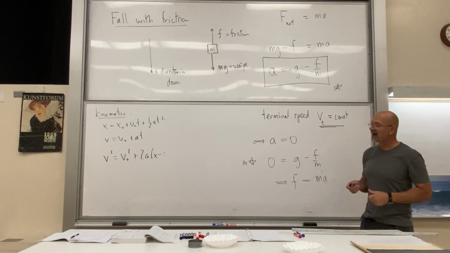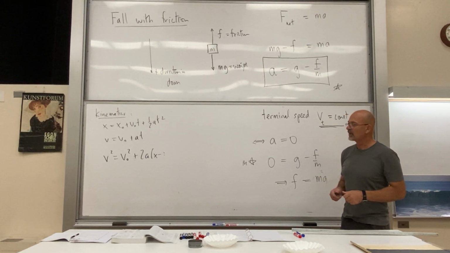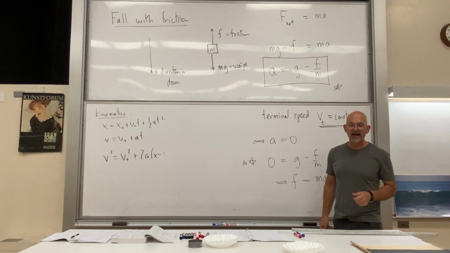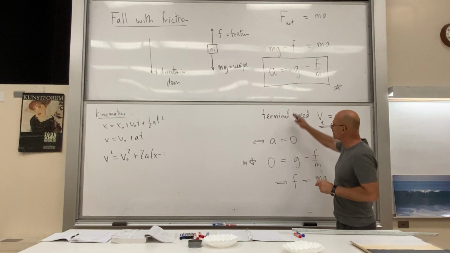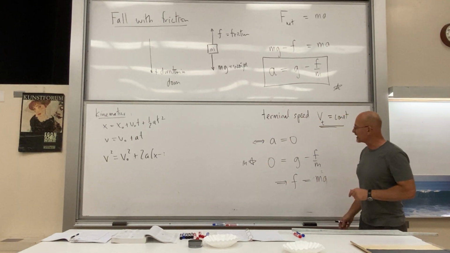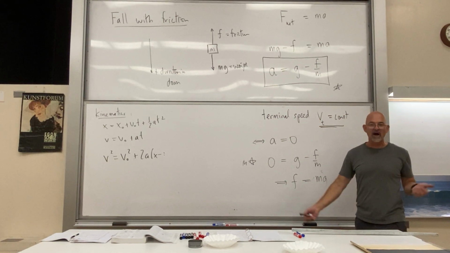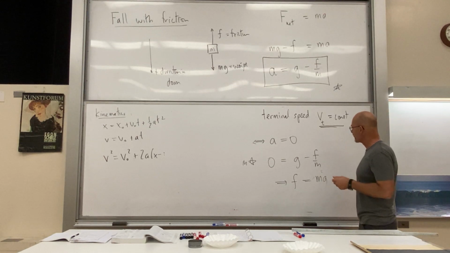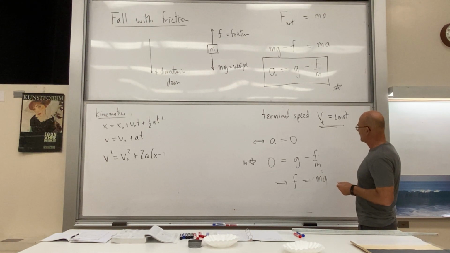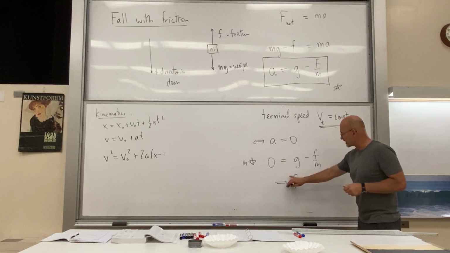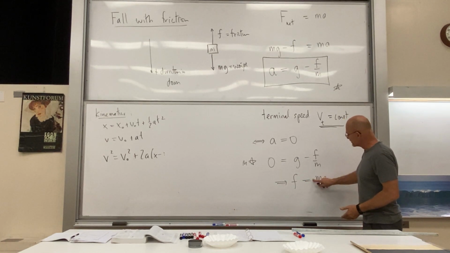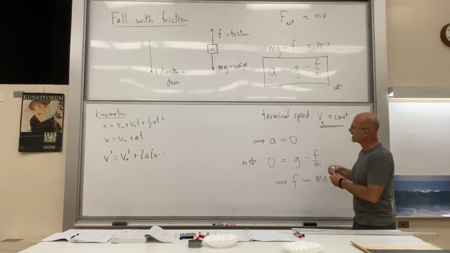So this is interesting for skydivers. So say you weigh 800 newtons and you're a skydiver. Skydivers reach terminal speed, okay? And then the frictional force on them is equal to their body weight. So again, the frictional force equals the weight of the object, and then you have terminal speed.